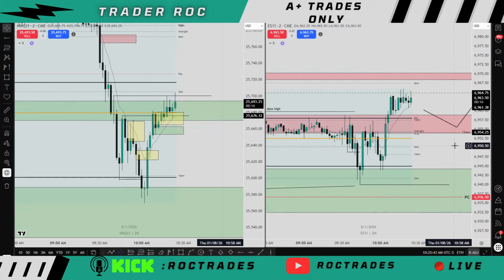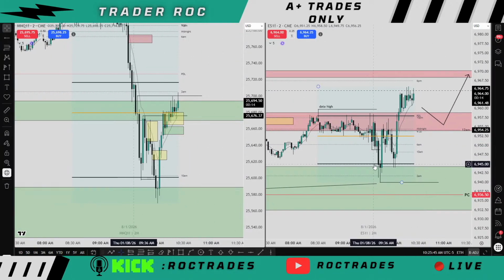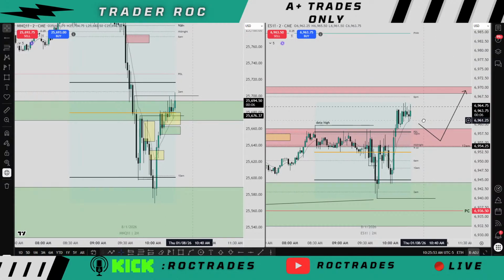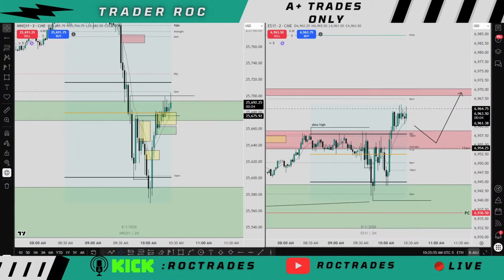Just waiting on that pullback patiently, man. Like I said, this is going to be your next base here where price just breaks out, retests, and goes, or price is going to pull back to retest the original.